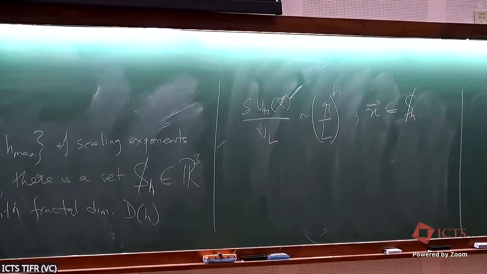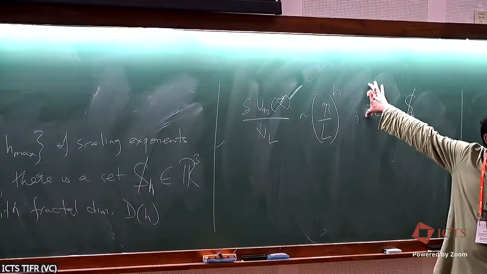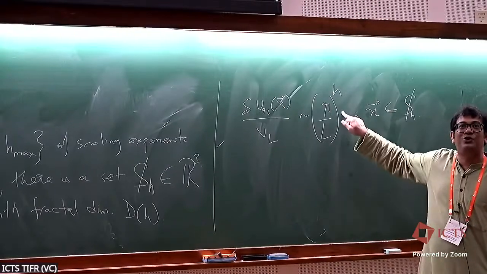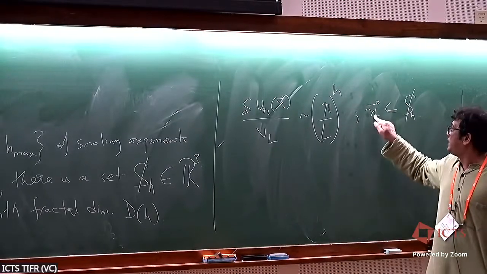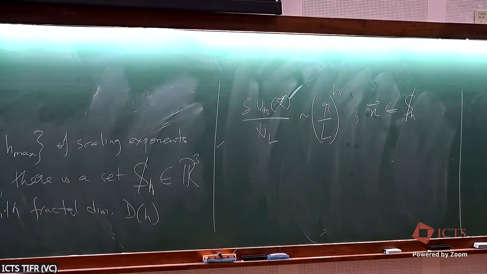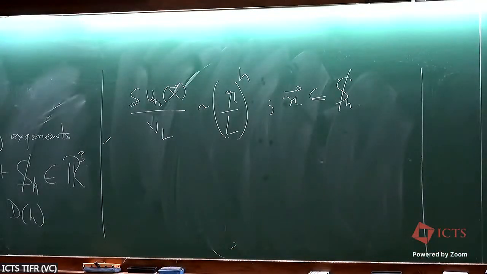This is exactly what we had written for the beta model, where I didn't need to worry about this part. This is exactly what I had written for the bifractal model, but there I had written two of these, H1 and H2, and I said X can belong to either of those. But now I have a continuous version of this. So when I write it down, I say that it will scale with H if and only if X belongs to the set S of H.